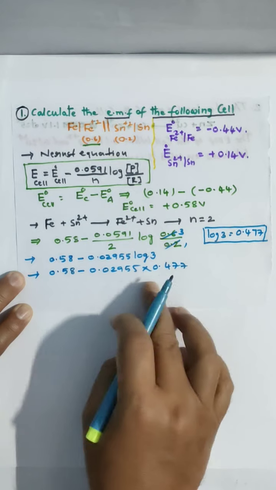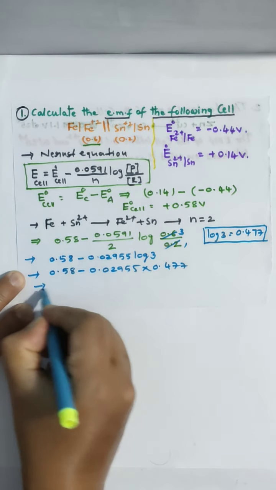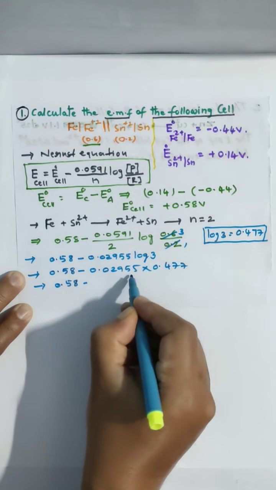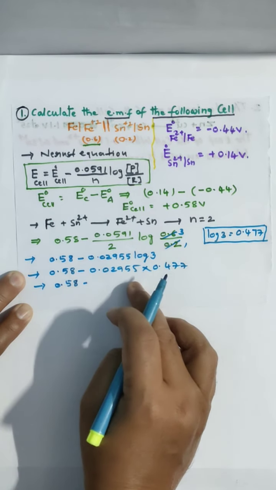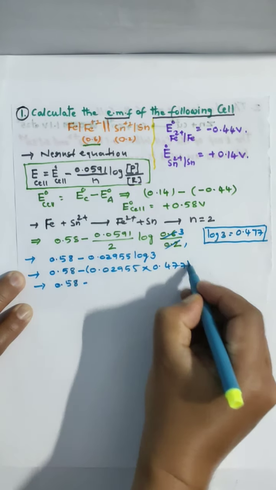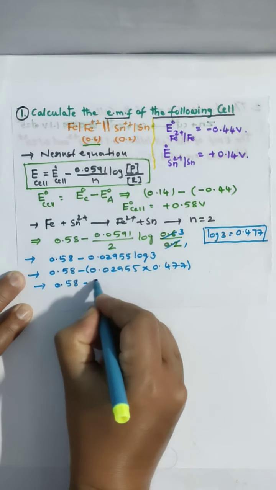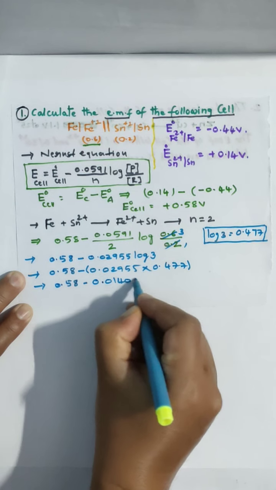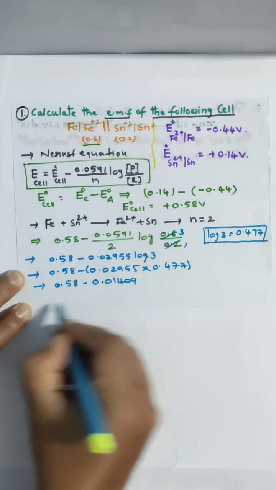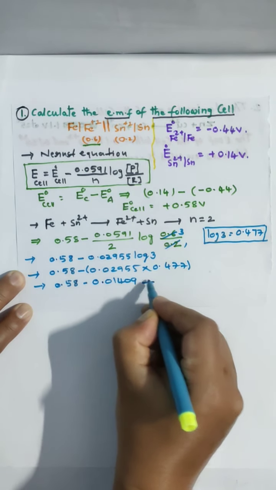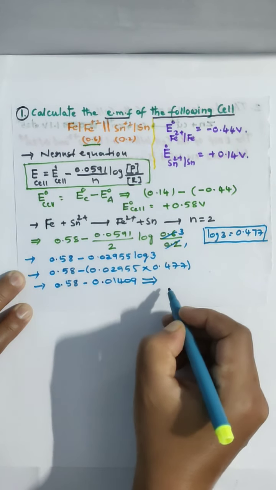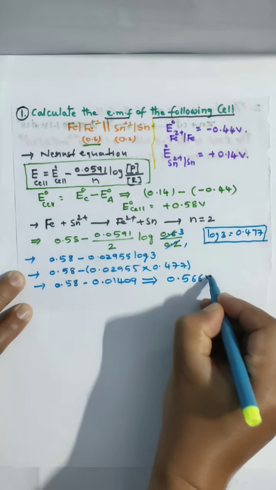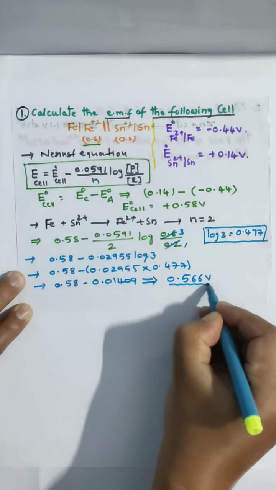If you simplify, first you have to multiply: the multiplication gives 0.01409. So now you have to subtract 0.58 minus 0.01409. If you subtract, you are getting 0.566 volt. So this is the EMF.